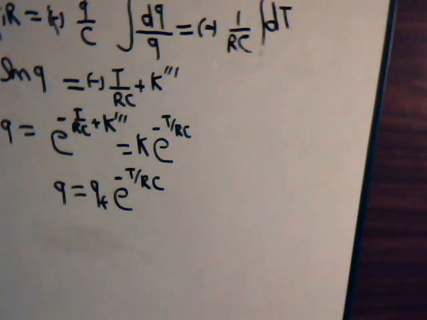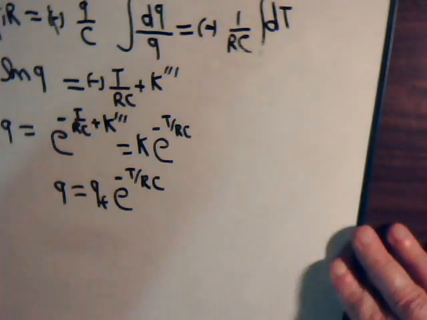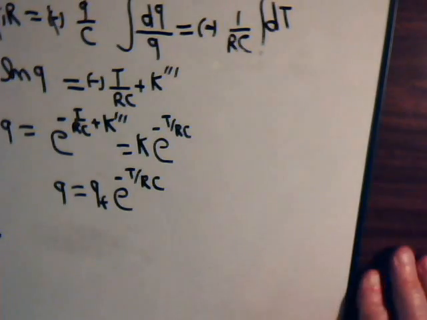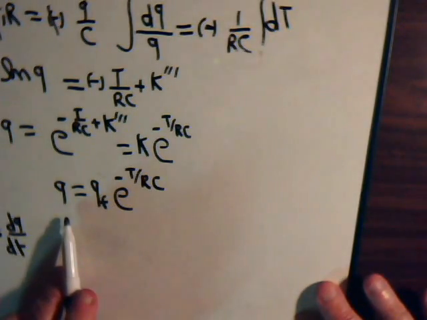Now, that's the charge on the capacitor. What about the current? Well, current is just dq/dt, so we can say I equals dq/dt. So this is the amount of current on the capacitor. That's decreasing. Why?